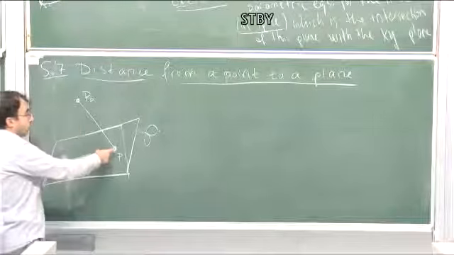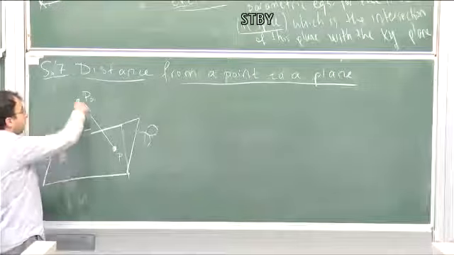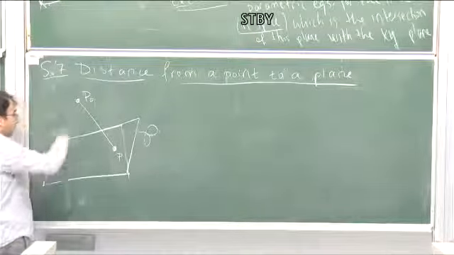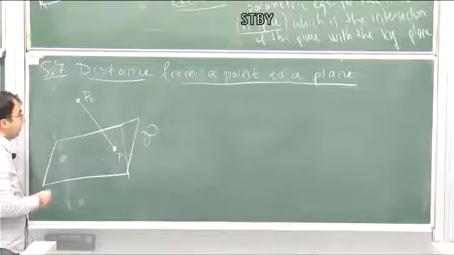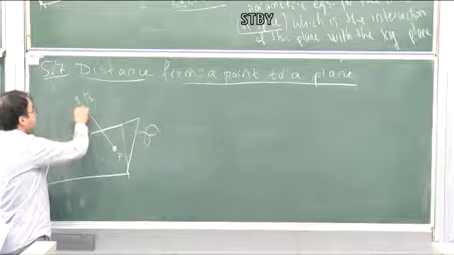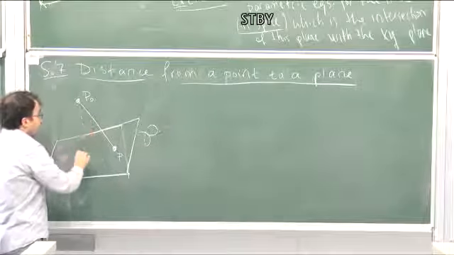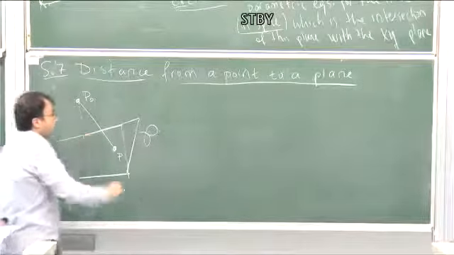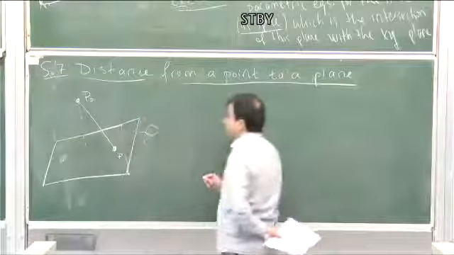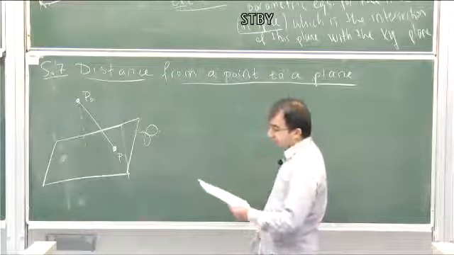And this depends on the point P. If I consider a point here, there is another distance. Now I may consider among these distances the one which gives the shortest one.